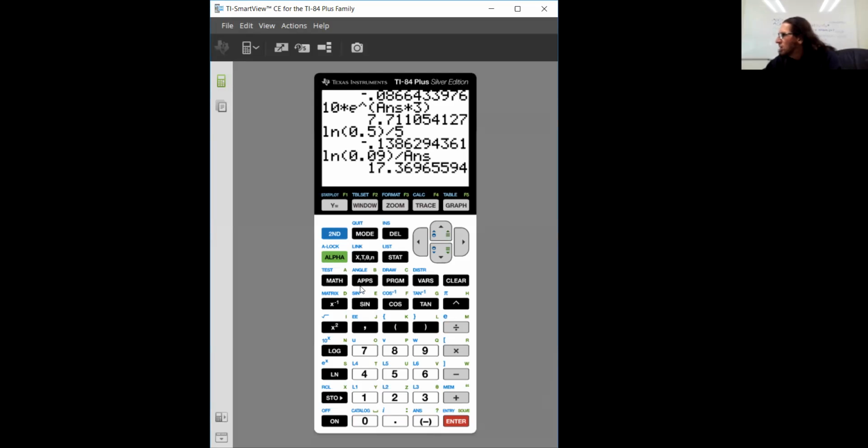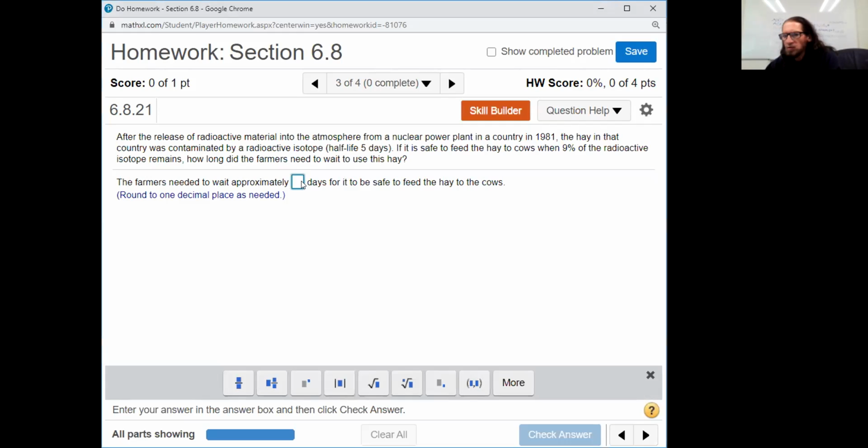17.3 something. Let's see what it said about rounding. It didn't do any rounding yet. To the nearest 1 decimal place, so to the nearest 10th. There we go.